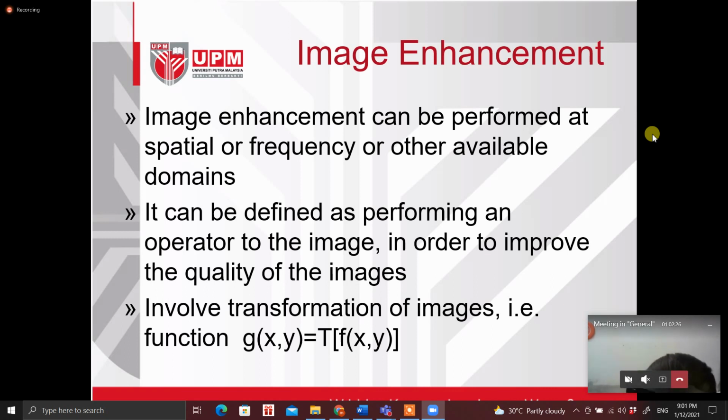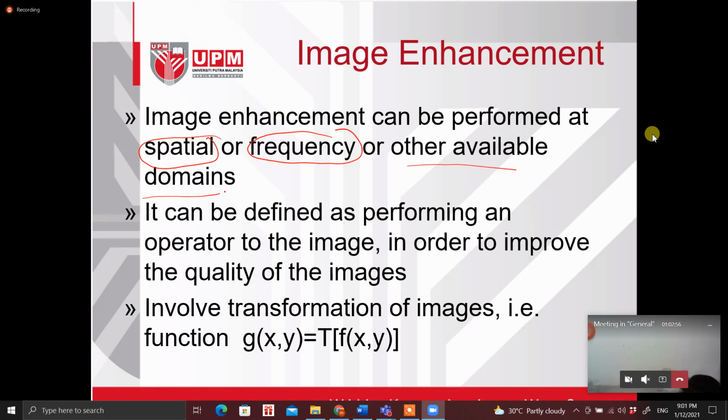One is image enhancement, and one is image restoration. Image enhancement can be performed in the spatial domain or frequency domain, or sometimes other available domains, for example wavelet domains, and so on.